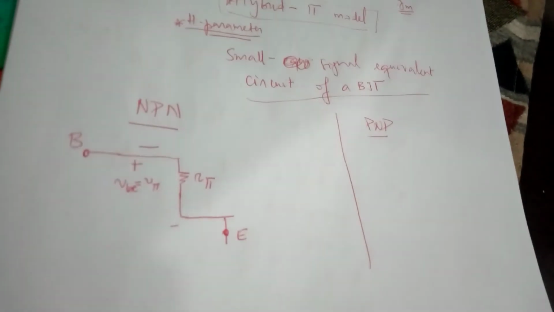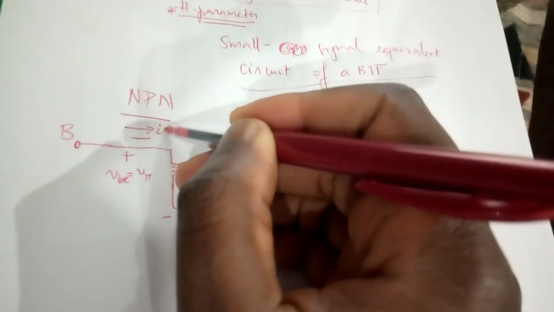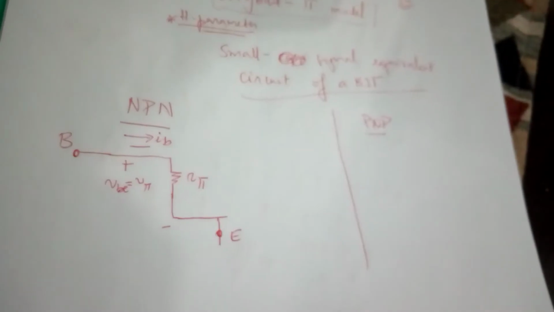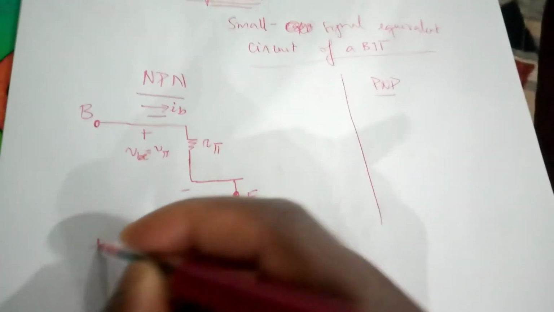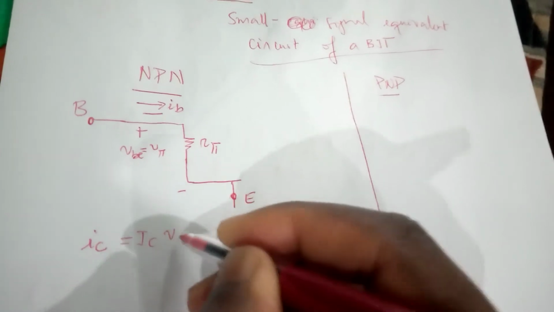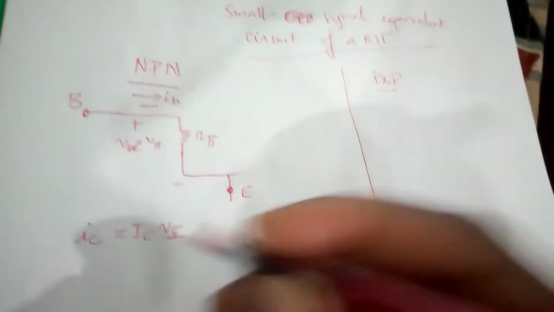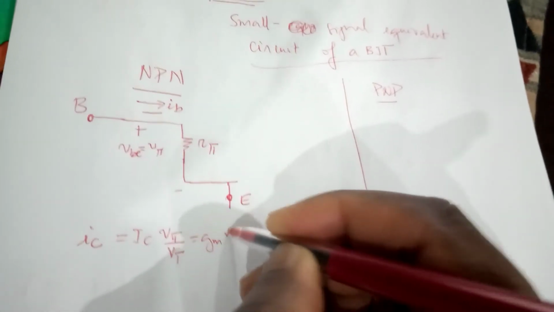As we apply VBE from the base to the emitter of the transistor, and due to the fact that in an NPN case scenario, a base current IB will be flowing through the base of the transistor. Because there's IC that we've established to be VBE, or V pi now, because it's the same thing, over VT, or else written as GM V pi.